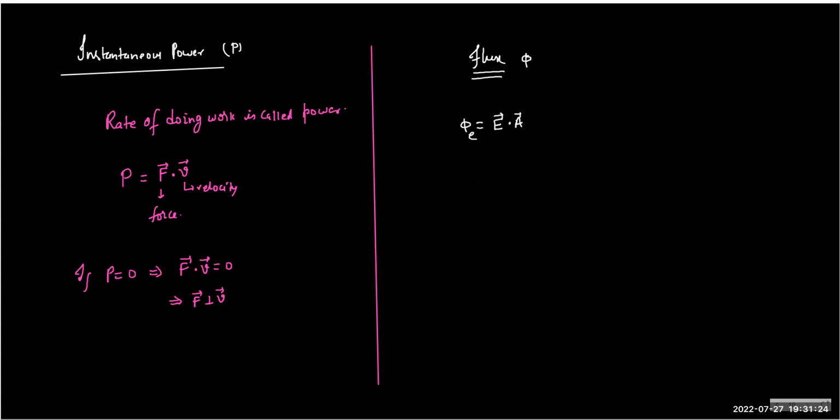So we write integration of E dot dA, then magnetic flux we write integration of B dot dA. We have gravitational flux, we write integration of G dot dA. We have velocity flux, we write integration of V dot dA. And then we have many more flux. We have luminous flux, and a lot of variety of flux.